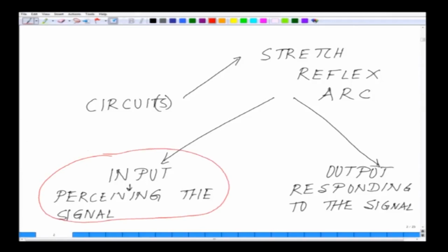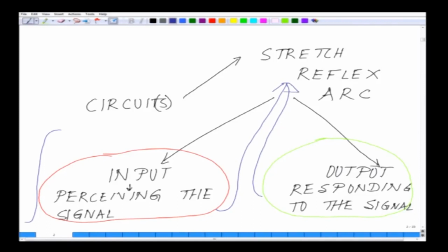And part 2 out here is the output response to the signal. These two parts, when integrated, essentially make this arc circuit. That is what it is.